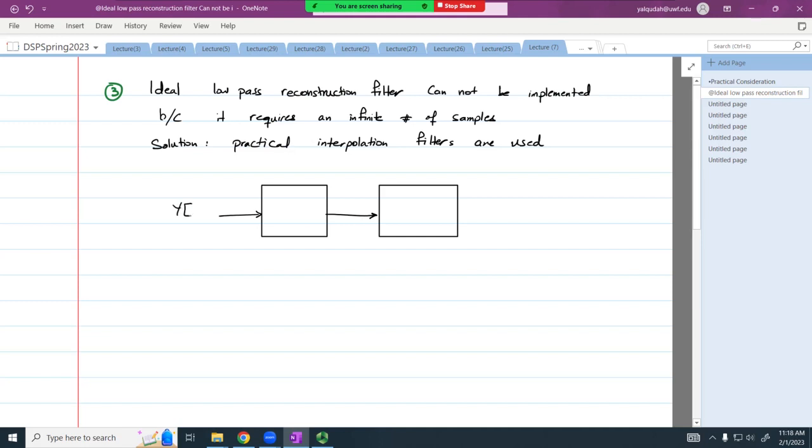We're going to take the samples y of n, put them through a zero order hold h0 of t, and then pass it through a low pass filter. To get yr, we'll just call this y1 of t.